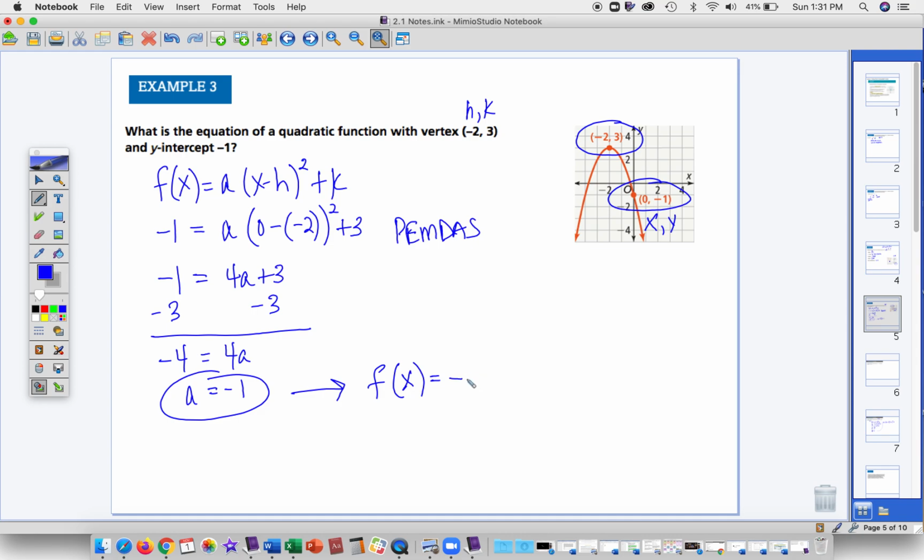Now I'm just going to put a negative. We don't usually put the 1 there. Remember, 1 is understood. x minus h, so minus a negative, is +2, and then plus k, and k is 3. So there's my vertex form of the parabola with this vertex that has a y-intercept of -1.